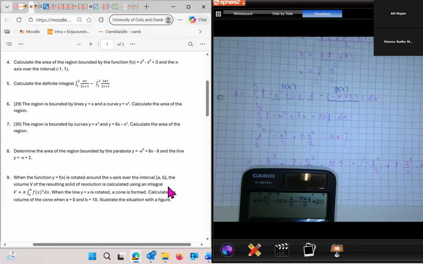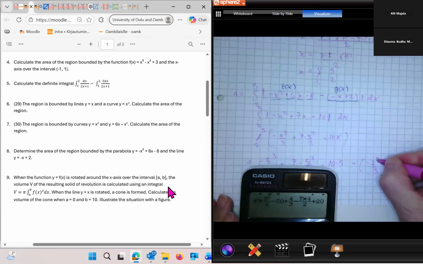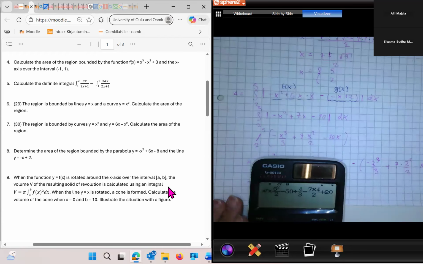Yeah, here I have a wrong power. So this is not 4. This is, and then it gets a different sign.